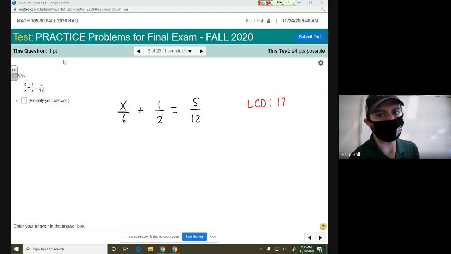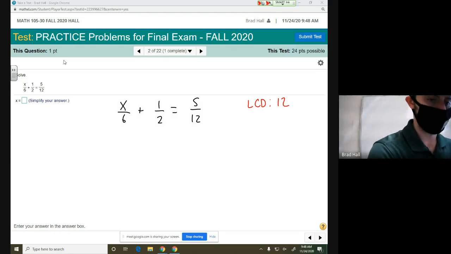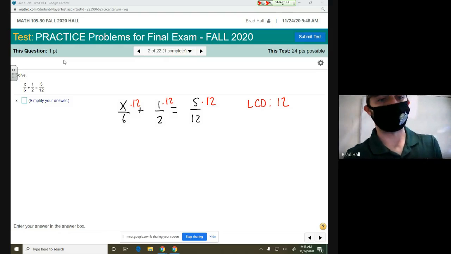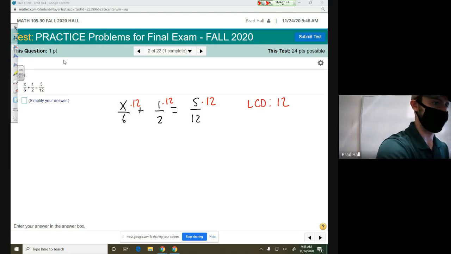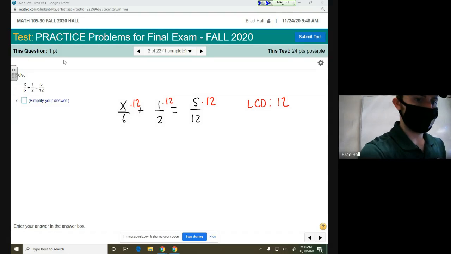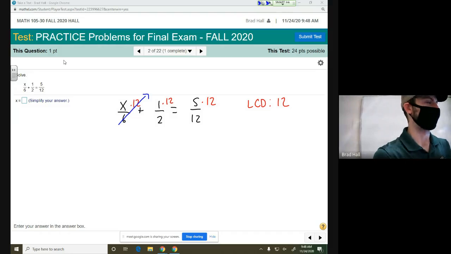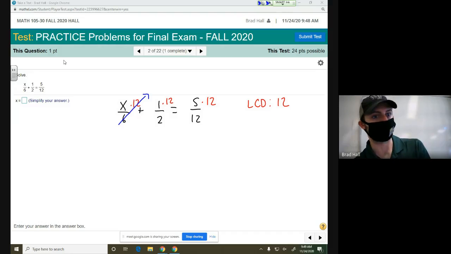Here it's going to be 12, because 6 goes into 12, 2 goes into 12, and 12 goes into 12. Once we multiply the least common denominator to every term, it clears the denominators, which is great.